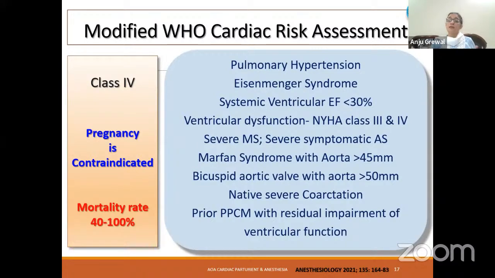Remember, symptomatic aortic stenosis is an ominous sign for high risk of mortality. Marfan syndrome with aortic diameters above 45 and a bicuspid valve where the diameters are above 50. Now, these mothers are going to be at very, very high risk. And we all know that despite pregnancy being contraindicated, we do get mothers pregnant with all of these, isn't it?